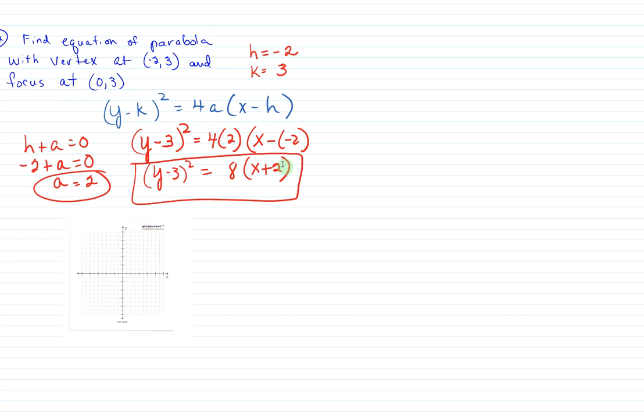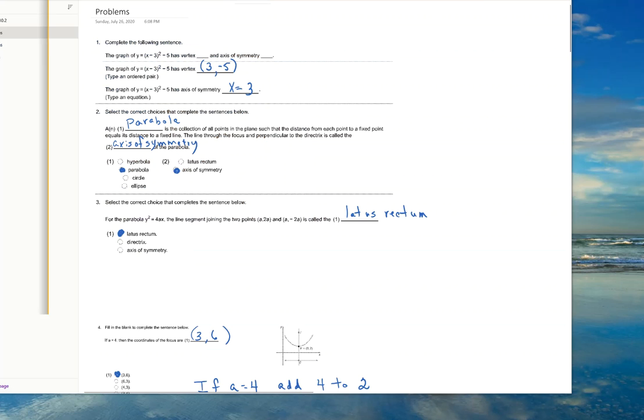So let's go look at our problems. All right, number 1. The graph of y equals x minus 3 squared minus 5 has a vertex of... Remember, for the vertex, you change the sign on this one when you pull it out. So that's (3, negative 5).